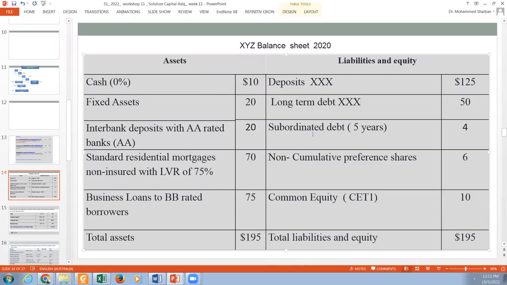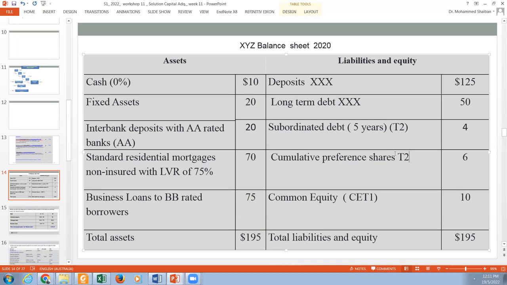And you have to understand, subordinated debt is actually tier 2. Because we have cumulative and non-cumulative. If it is cumulative, it is tier 2, which means it's like a debt.